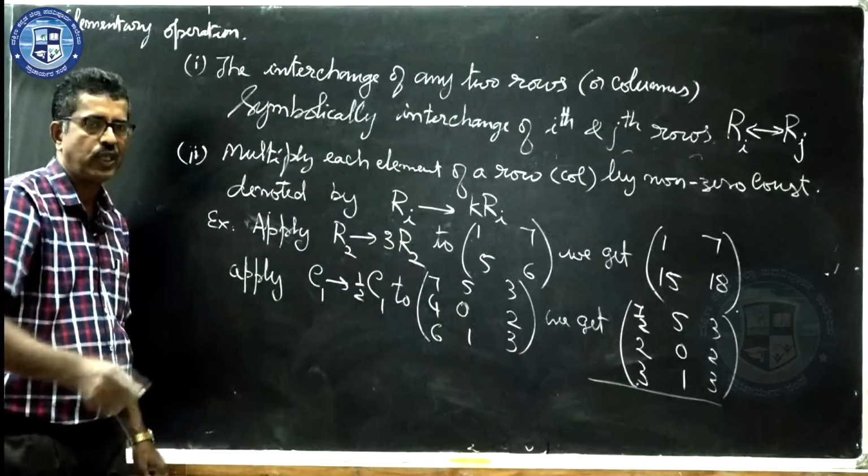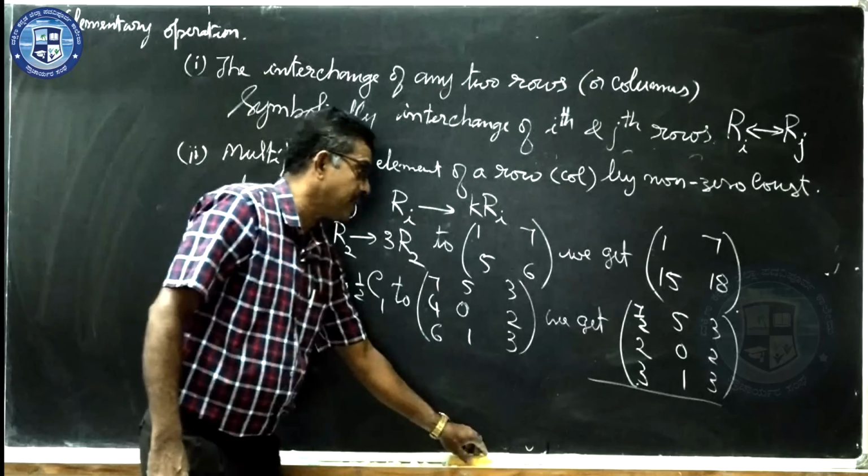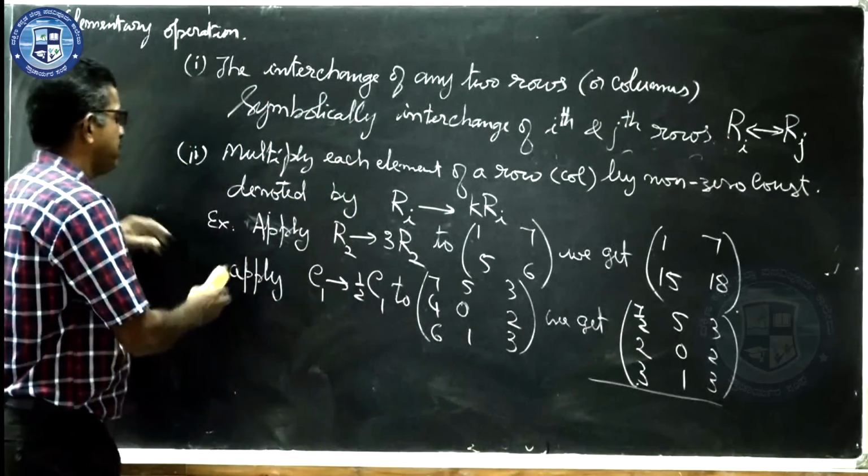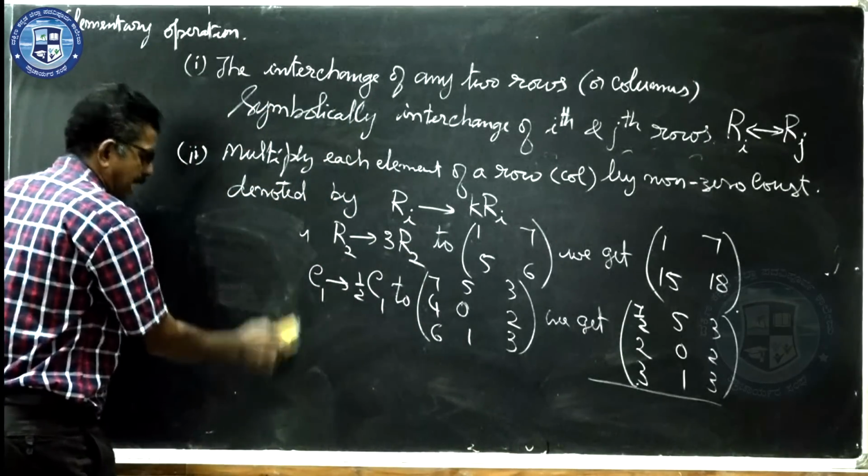Okay, so I hope all of you understood the second set of basic operations on rows and columns.